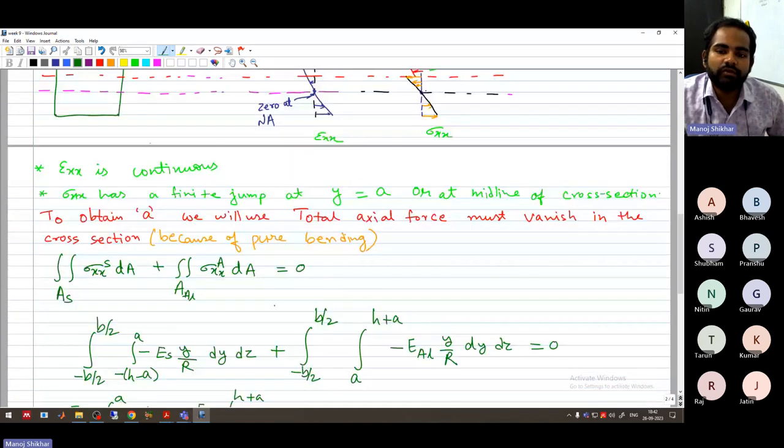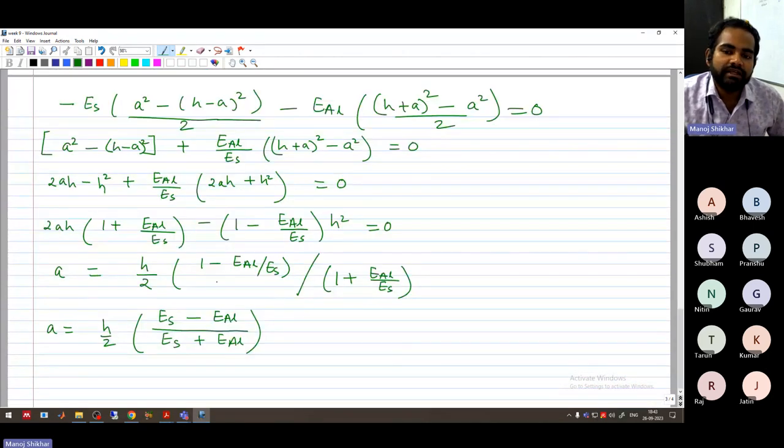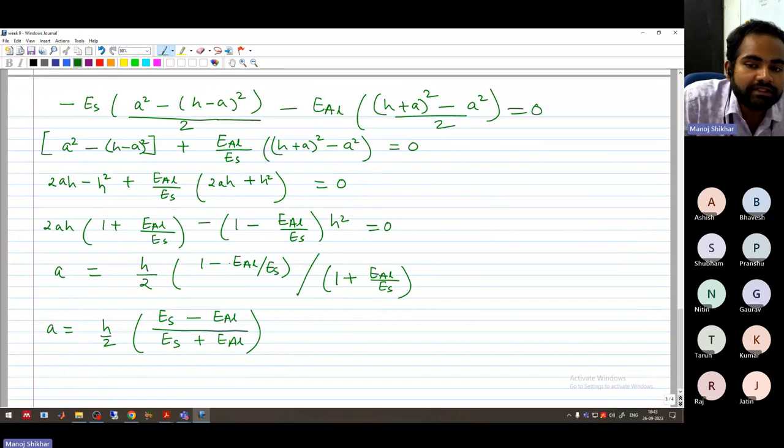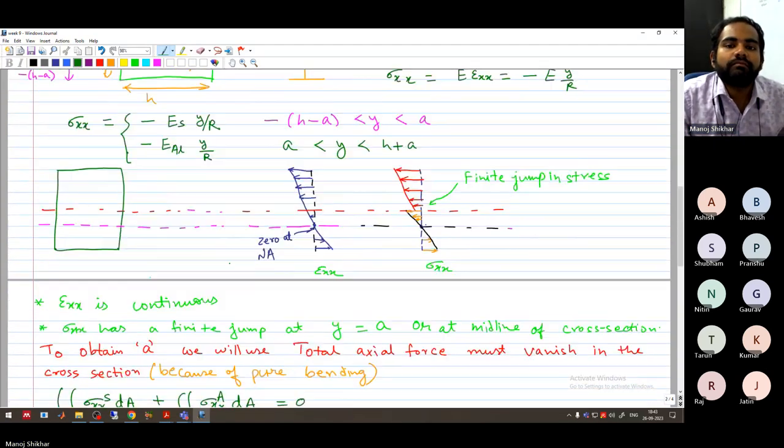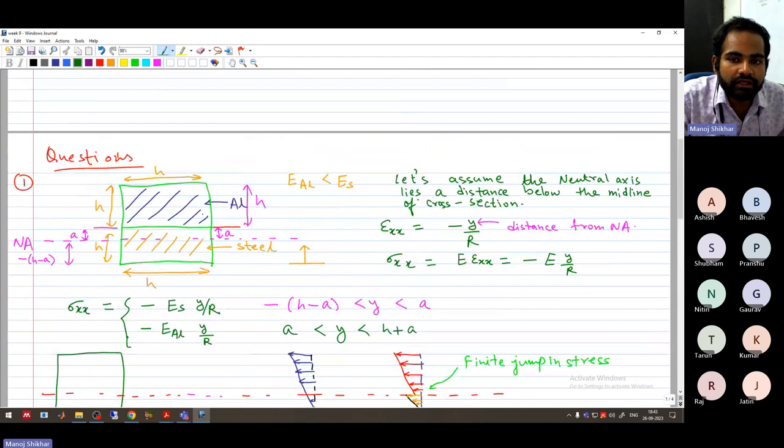Suppose E_Al was greater than E_S, then this quantity would have become negative, and that would mean that the neutral axis is somewhere above the midline, not below.